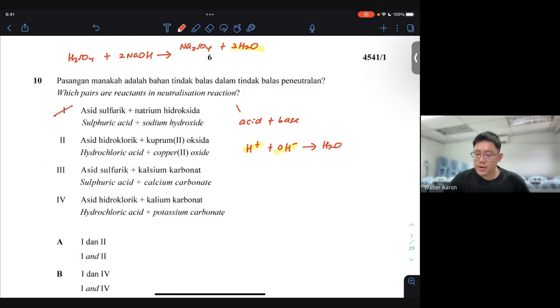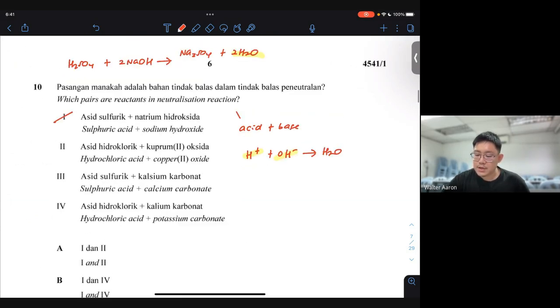Second one, hydrochloric acid reacts with copper 2 oxide. In this case, copper 2 oxide also can neutralize the hydrochloric acid. But how does it work? If you have HCl plus CuO, you'll get CuCl2 plus H2O.